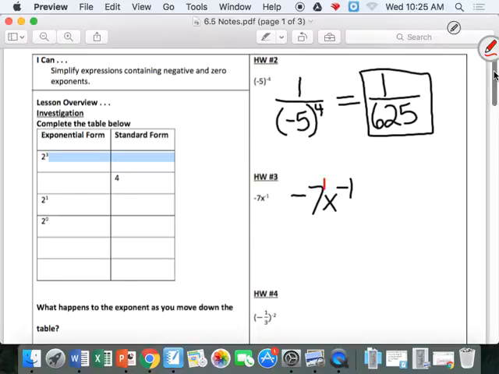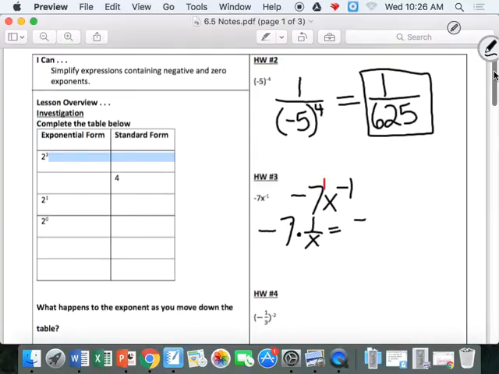Okay? If I had written this like this, then I would agree with you that both of them are fractions. Everybody understand the difference? But the way this is written, only the x has the negative 1 on it. So it would be negative 7 and 1 over x, and then I can simplify the way I write that.